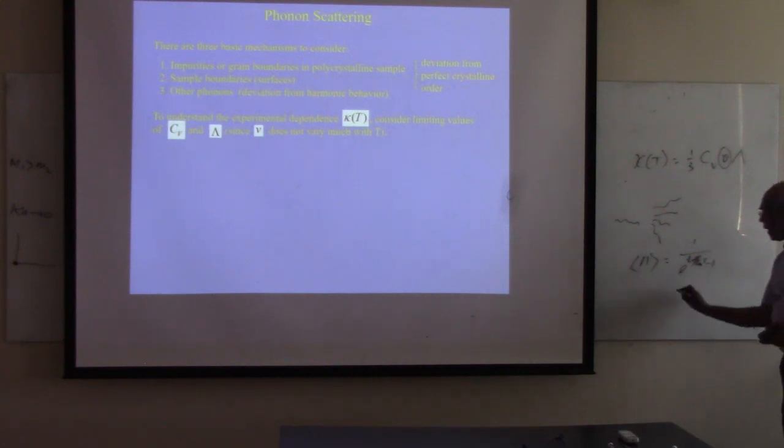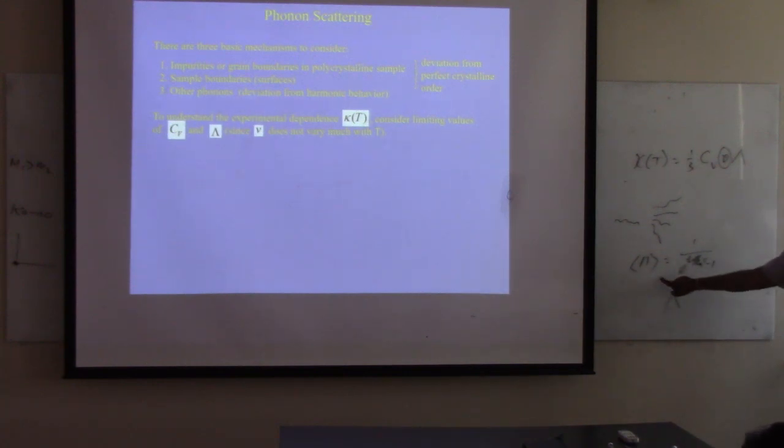So gamma is inversely proportional to n, because if you have more phonons, your gamma will be smaller because you have more scattering. That means I can say gamma is 1 over n. That means this goes upstairs, right? You have e to the h cross omega over kBT minus 1. That's all you need to know.